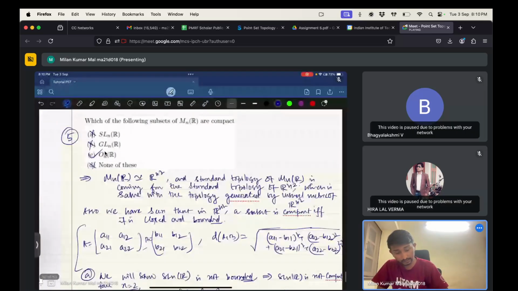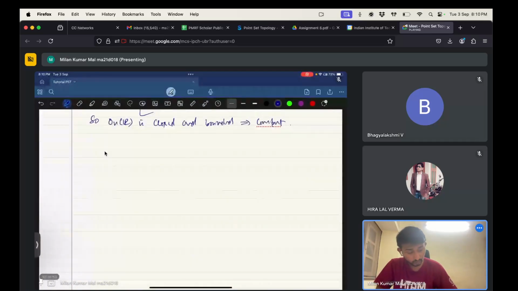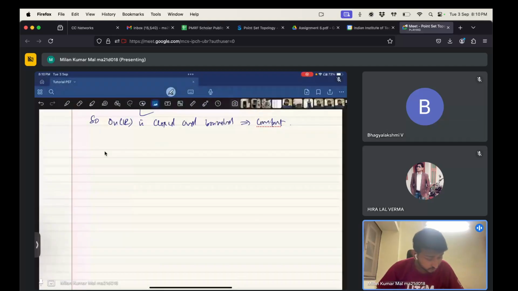Now question 6. What is question 6 actually? Question 6: X is a metric space, Z is a closed subset.